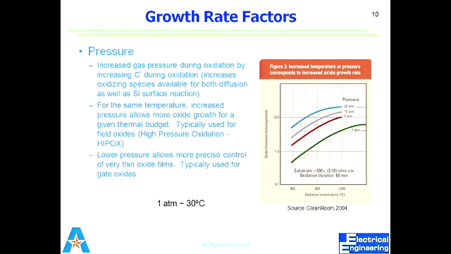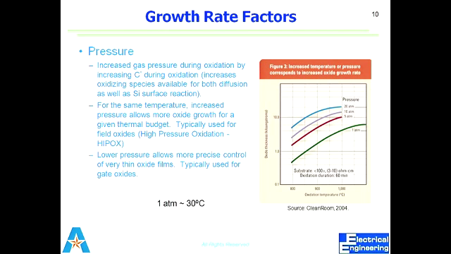And typically, when you need a thick oxide layer, you go for high pressure oxidation. In the case of high pressure, you get the thicker layer in less time, meaning you have a high reaction rate, high growth rate, but the quality would not be that good. So it's always a trade-off.